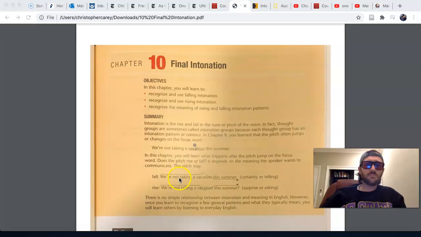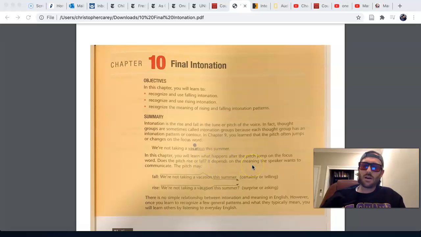Here's an example. We're not taking a vacation this summer. Just like this above example here. Falling intonation. We're not taking a vacation this summer. So after that pitch in the focus word, for this particular example, we have falling intonation.